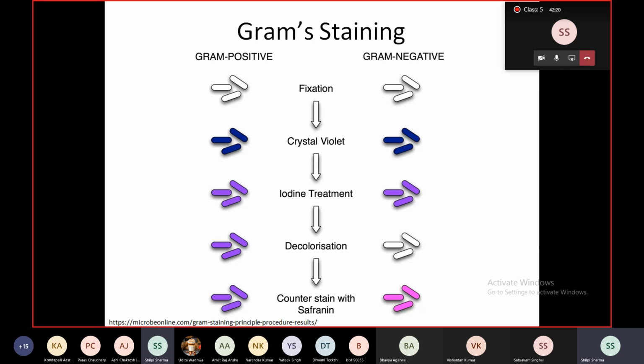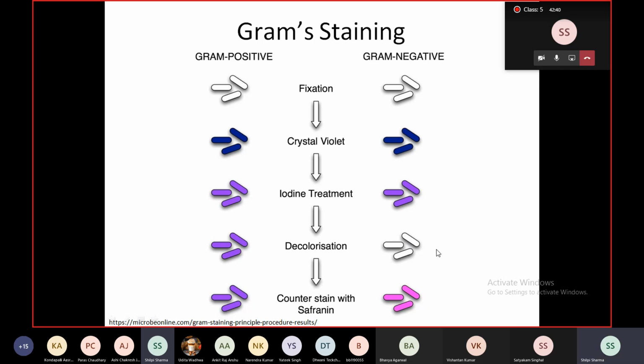Then upon adding the decolorizer, which is ethanol, or like I said, it could even be a mixture of ethanol and acetone, the outer lipid layer of gram-negative cell is dissolved. And you already know that the peptidoglycan is very thin and sparsely branched in the case of gram-negatives. So it leads to decoloration of the gram-negatives.